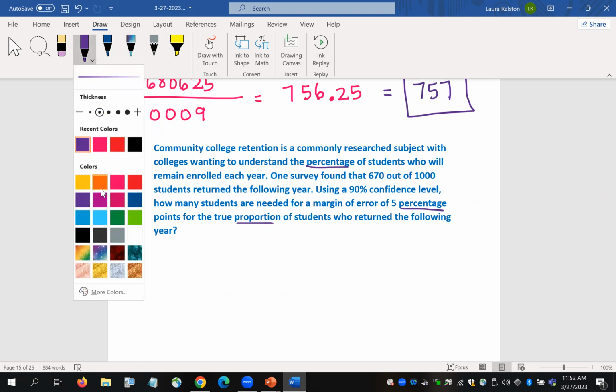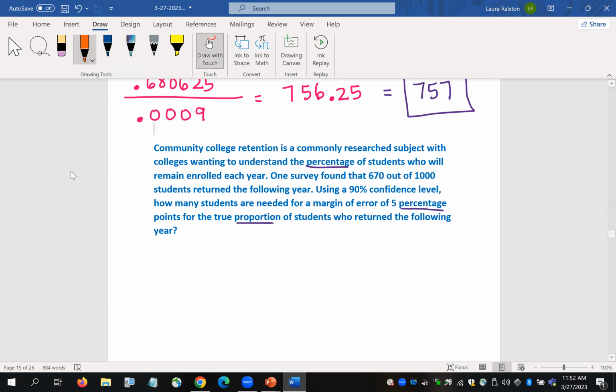It also asked me, in terms of the question, how many students? So that statement lets me know that I'm looking for the sample size estimation. And again, it's the sample size estimation for the proportion.